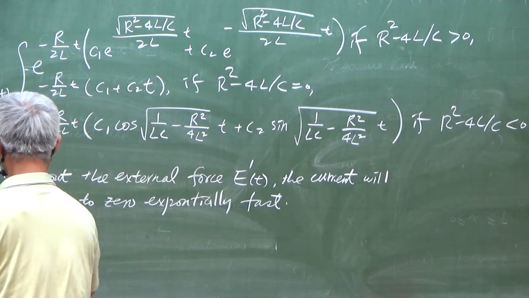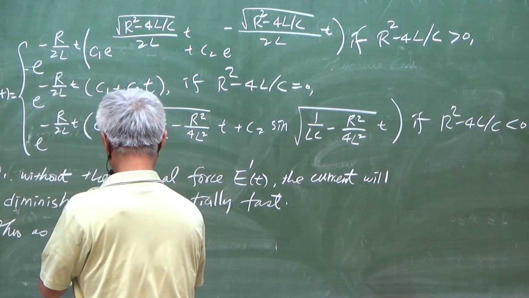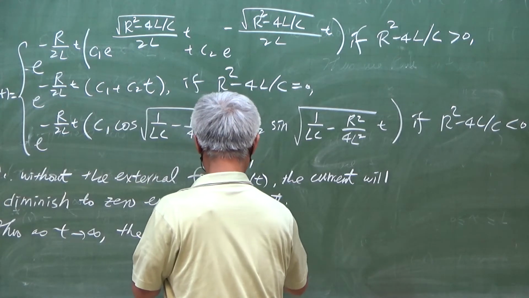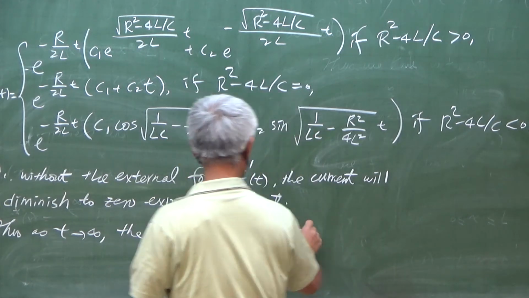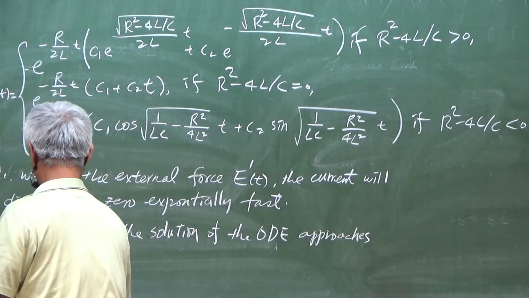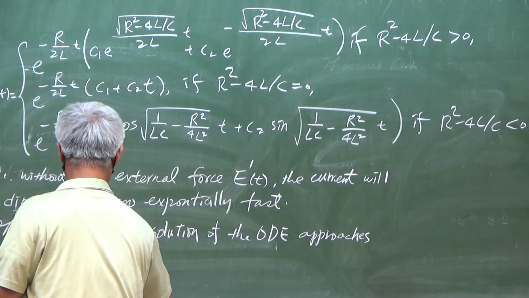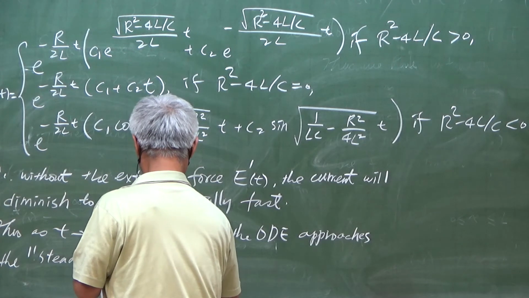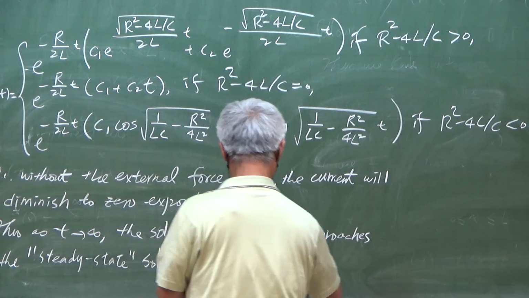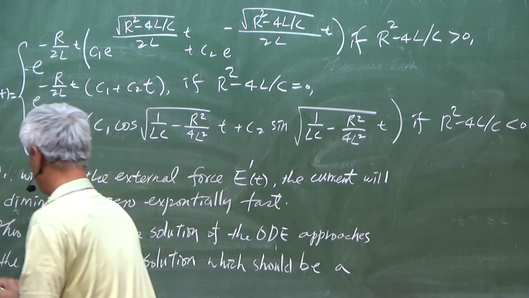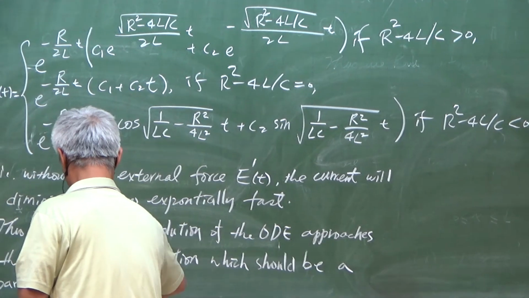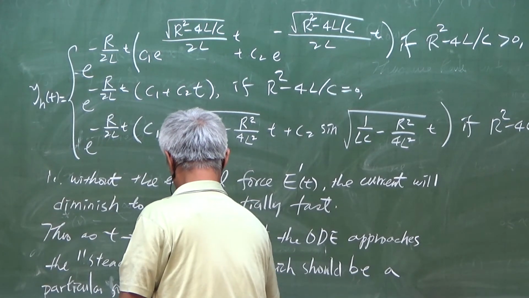So thus we know as t goes to infinity, the solution of the ODE approaches the so-called steady state solution, which should be a particular solution of the ODE.